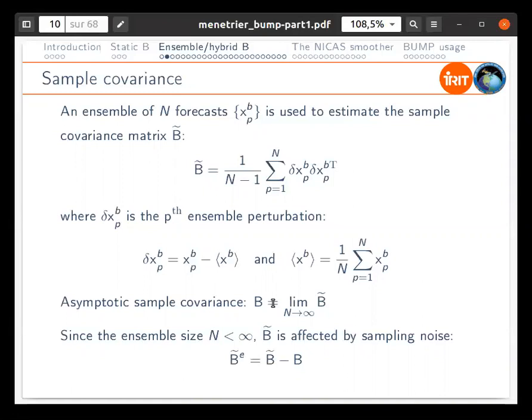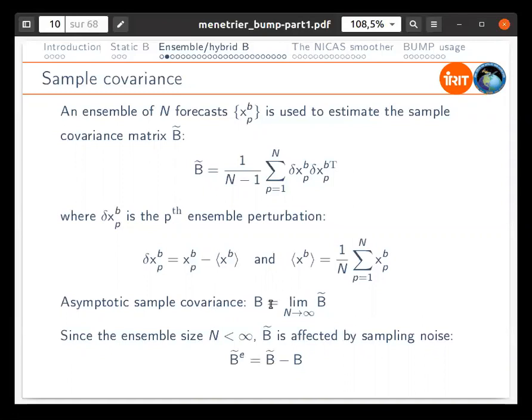Of course, we don't have an infinite ensemble of forecasts. In general, we just have maybe 50 or 100, or maybe 200 if we are rich, but no more. But for the mathematical derivations, we can define this asymptotic sample covariance that we would get with an infinite ensemble size.